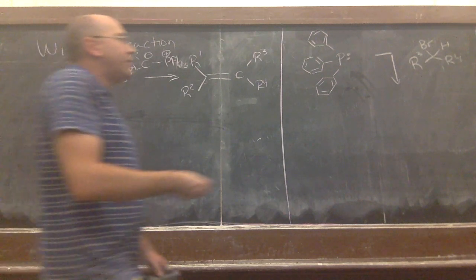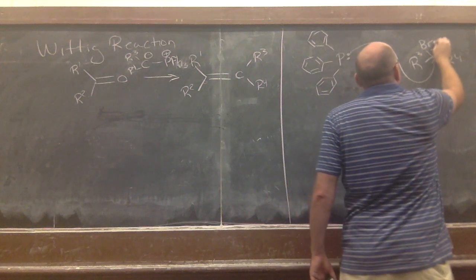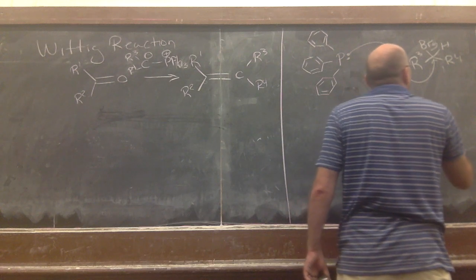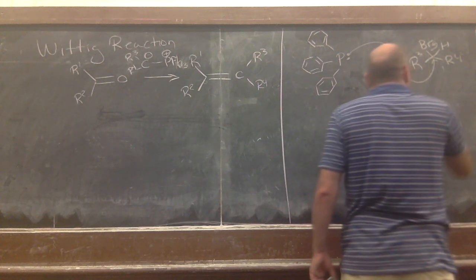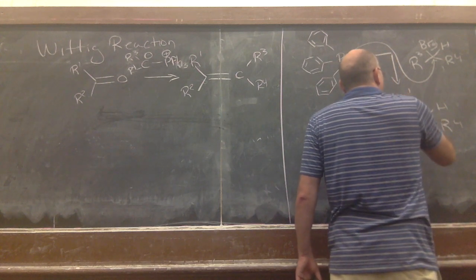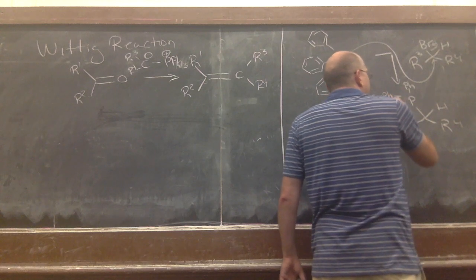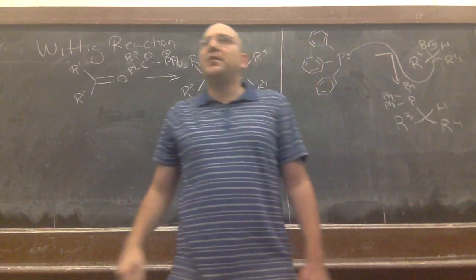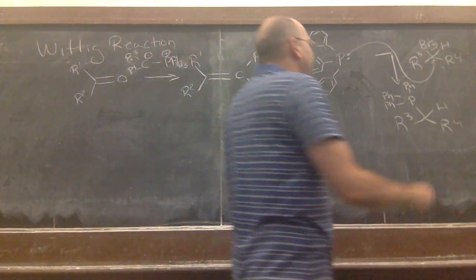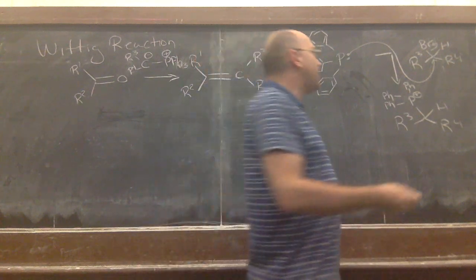The lone pair on the phosphine is going to attack, displacing the bromine. Abbreviate the phenyls as Ph. What am I missing here? A positive charge on the phosphorus, right? And what else am I missing? The bromide, so Br minus.